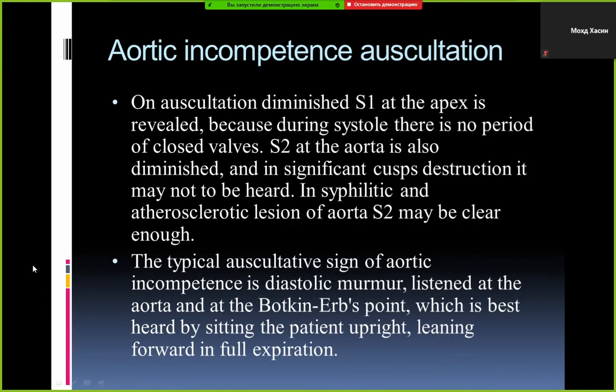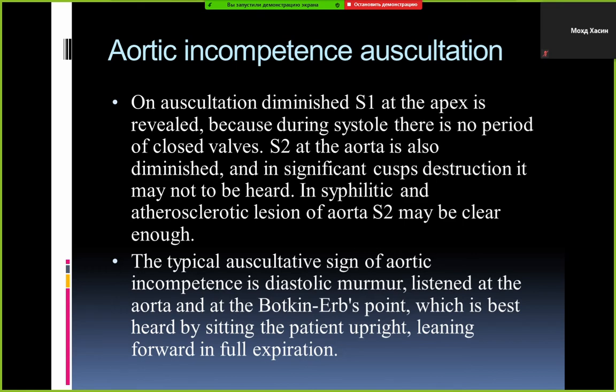Auscultation picture of aortic incompetence. On auscultation, we may detect diminished S1 at the apex beat due to severe left ventricle hypertrophy and because of the absence of the period of closed valves.